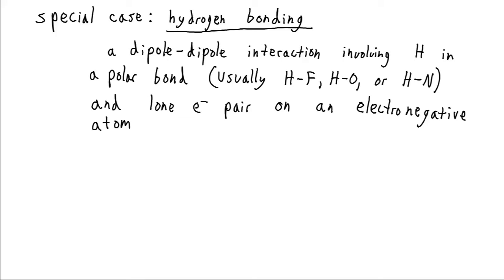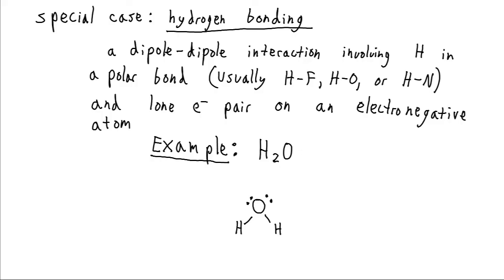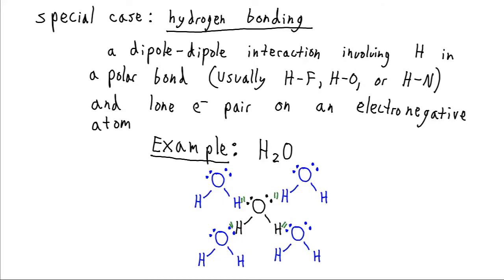So an example of this would be water, H2O. So it has two lone pairs of electrons, and it has two hydrogens in this dipole with oxygen. And so it can actually associate with four other water molecules. So form four hydrogen bonds.